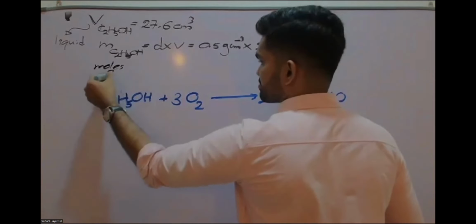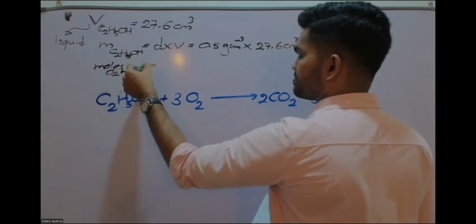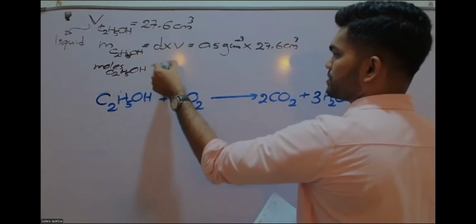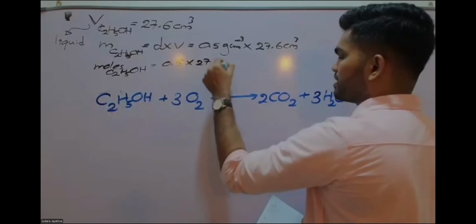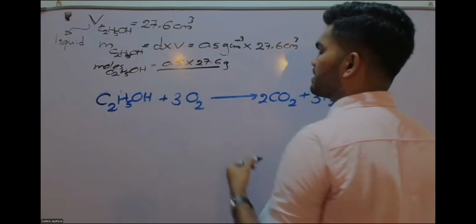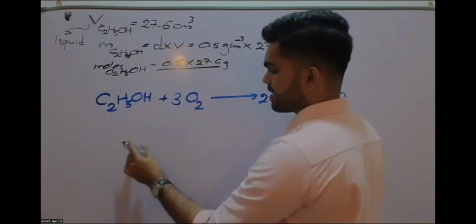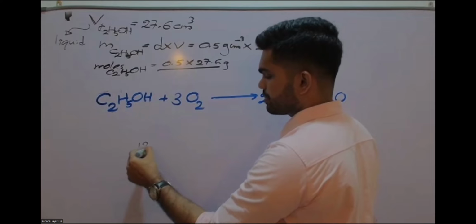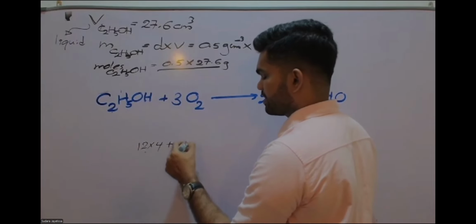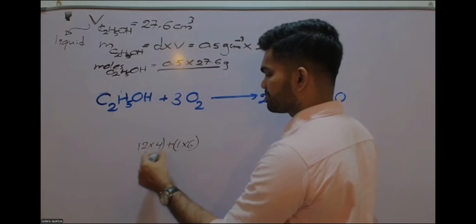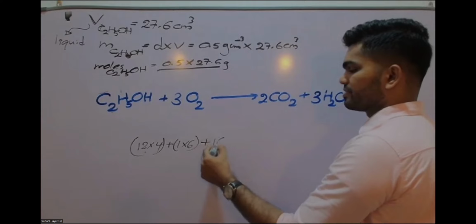Moles of ethanol, C2H5OH, or you can just put the symbol n here. We have this number of grams, and we are going to divide it by the ethanol molar mass. In ethanol there are 2 carbon atoms, so 12 into 2, then we add 1 into 6 for hydrogen, and then add 16.